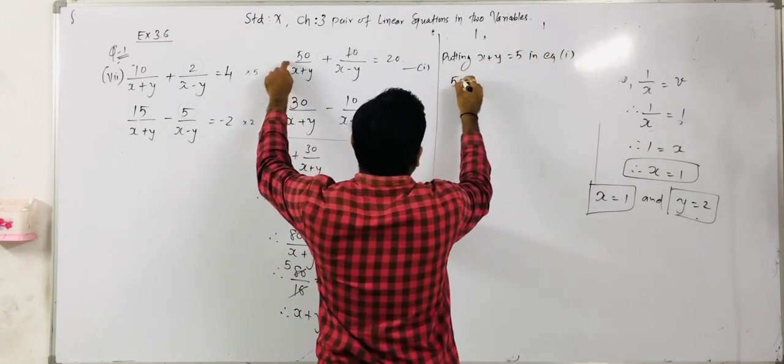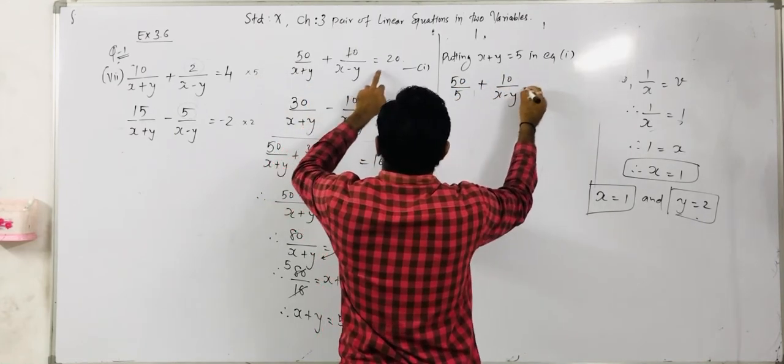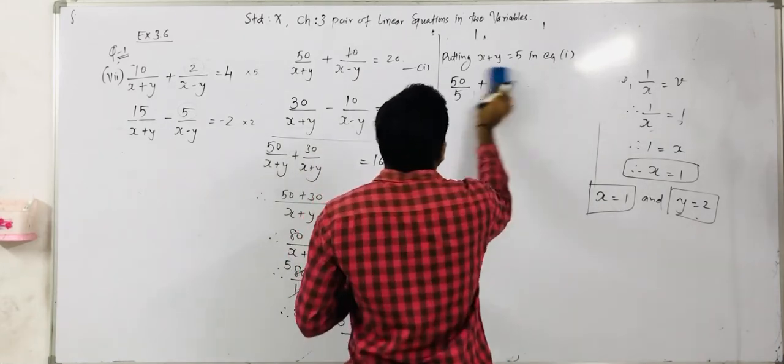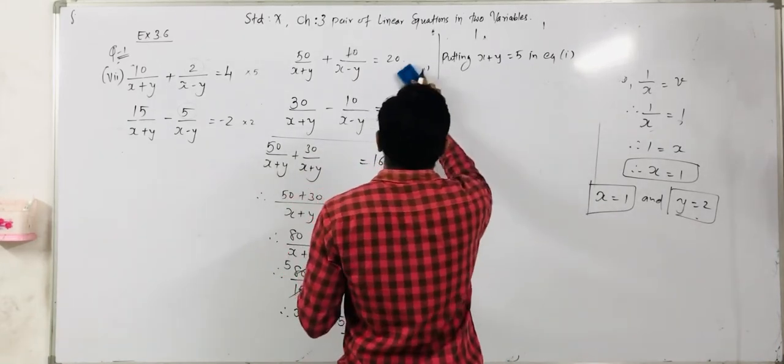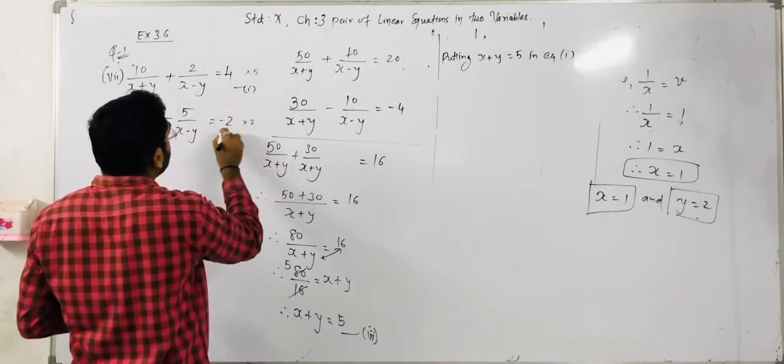Sorry, in that equation you should not put; this is our equation 1 and this is our equation 2, not the one we got after multiplying.